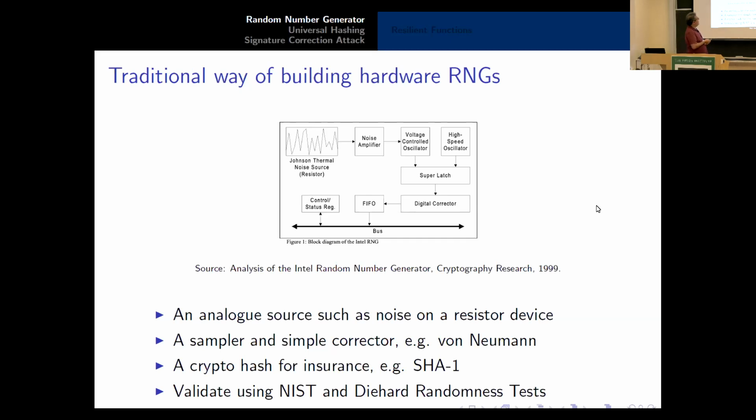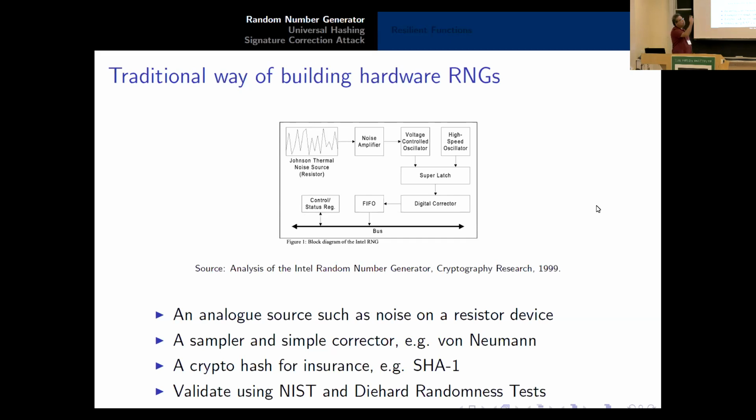This is an example of a random number generator design diagram, really high level, put together by Intel and analyzed by Cryptography Research at that time. So basically, you have an electronic device such as a resistance, and it has a noise term on it. Although it's supposed to be precise, for a voltage, it's supposed to pass a certain current, but that doesn't happen.